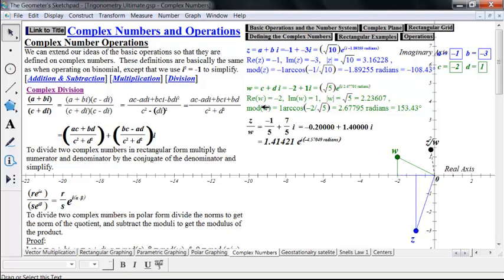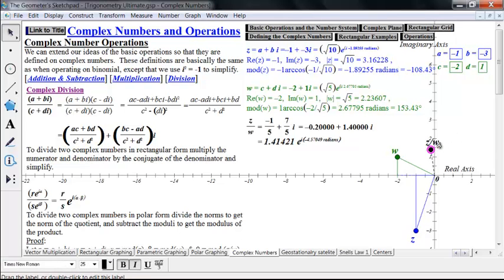Now, when we look over here at our example, we have the blue dot here for z, which is -1 minus 3i, and the green dot here at w, which is -2 plus 1i. And what about the quotient?